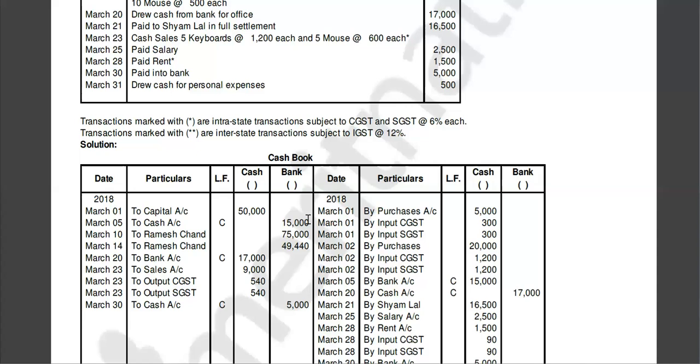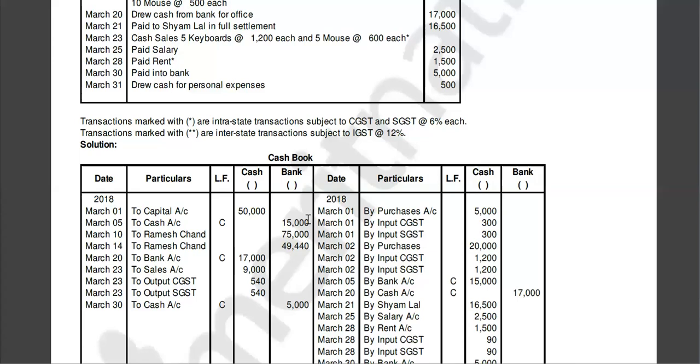In the same way, cash plays the credit role, so you place your hand in the credit side cash column and write 15,000 by bank. Okay, so March 5 we finished.